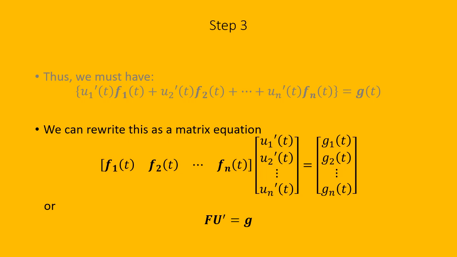So if we think of this first matrix as capital F, we think of this column vector as being u prime, and this one being g, we can rewrite this as F times u prime equals g. And remember, we're trying to find the u primes. We can do that if F here is invertible, and it is.